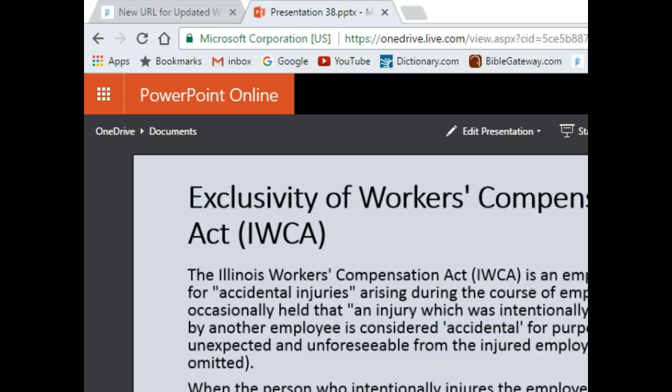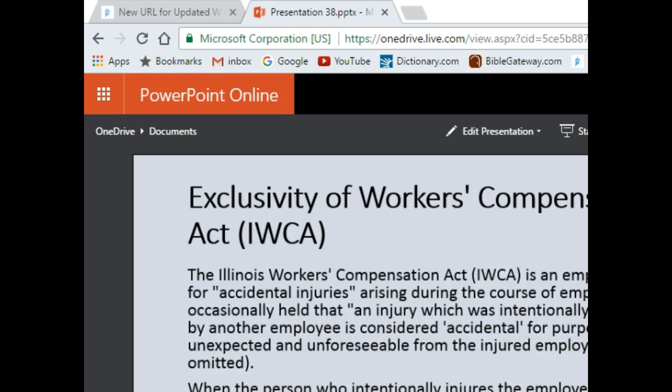When the person who intentionally injures the employee is not the employer in person or a person who is realistically the alter ego of the corporation, but merely a foreman, supervisor, or manager, courts have said that both the legal and the moral reasons for permitting a common law lawsuit against the employer collapse, or in other words, are not present.